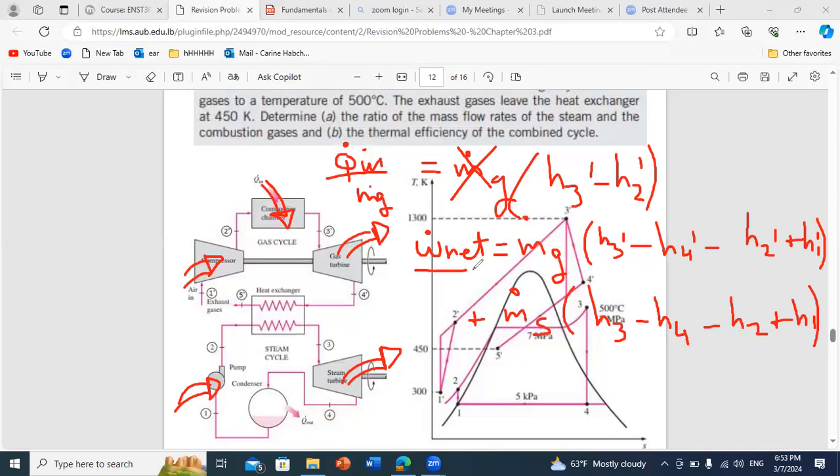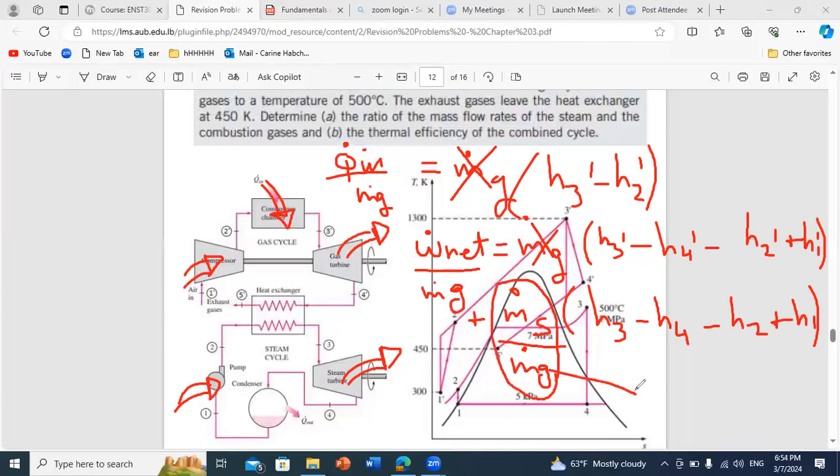And W dot net over m dot gas, so per unit mass flow rate of gas, is equal to, here m dot will cancel out, and here you will have m dot steam over m dot gas. We have already evaluated in the first question the ratio of the mass flow rate of steam to the mass flow rate of gas.